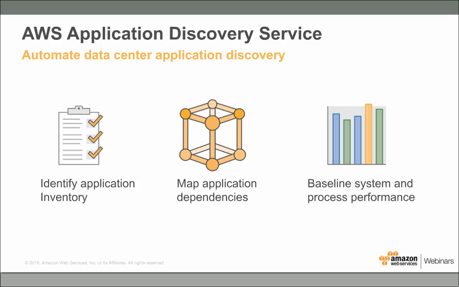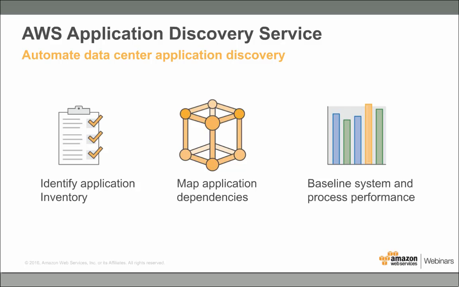And last but not the least, baseline system and process performance. Imagine situations where you are either undercommitted or overcommitted, underutilized or overutilized. You allocated 8 gig of memory, which is barely consuming 4 gig. And that's your opportunity right there to right size an instance with your migration.